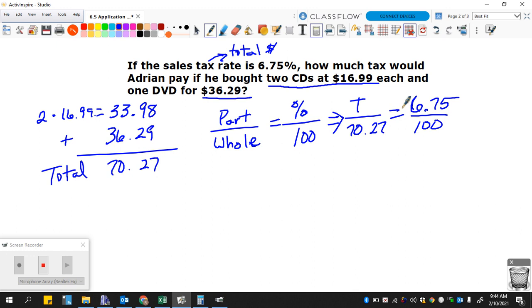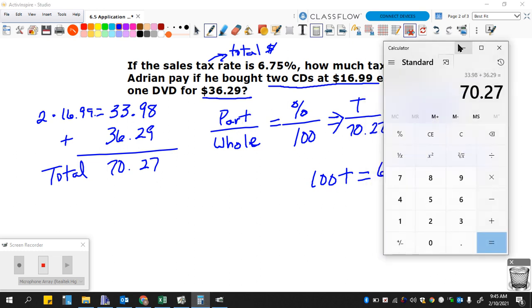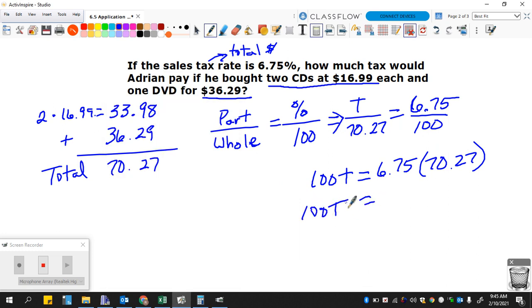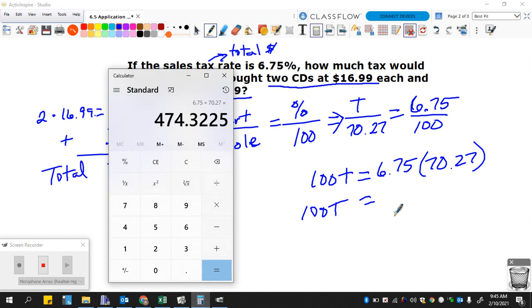So cross multiply, so we end up with 100t is equal to 6.75 times $70.27. When we multiply, we end up with 100t is equal to 474.3225.